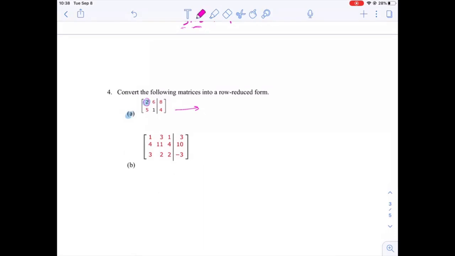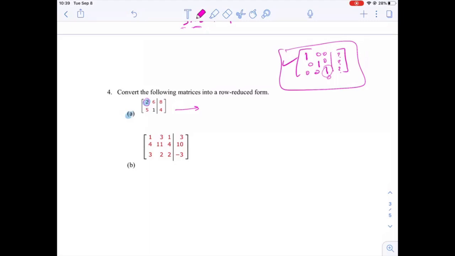The row reduced form we are looking for is this form. We want to get 1 here, 1 here, 1 here, and zeros everywhere else, and then some numbers here, or if the last row consists completely of zeros, that's fine. So this is our goal of this method.